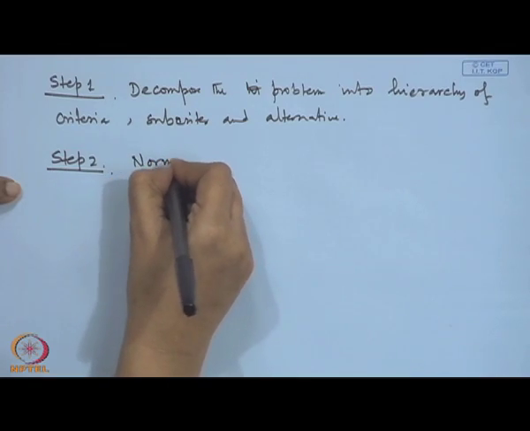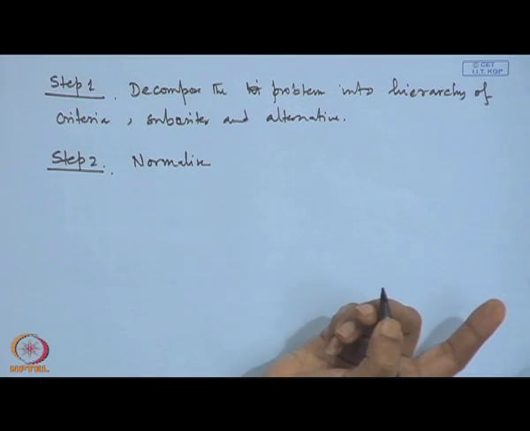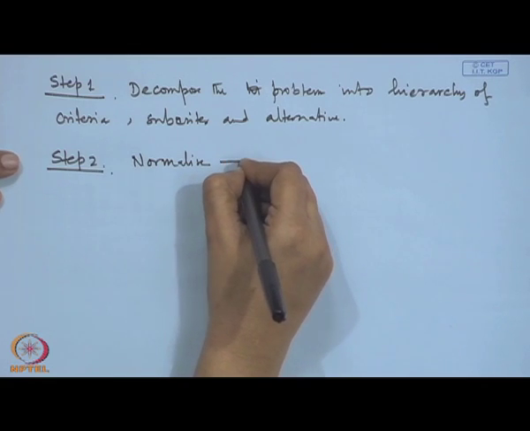normalize. As I said, whatever data we are having, these are measured in different units. That is why the normalization process is very much important. How to do the normalization I will explain.